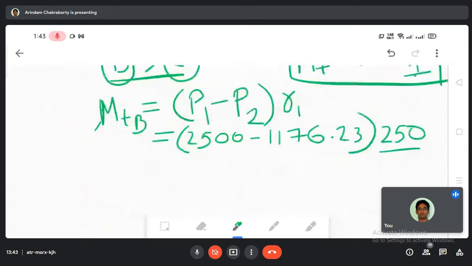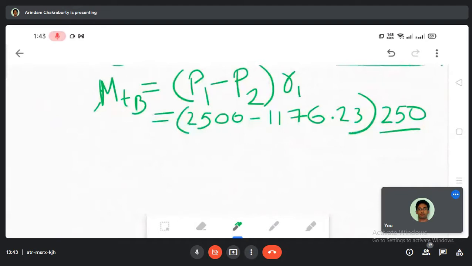Am I clear? So what would be the value for your MTB? কত হবে?